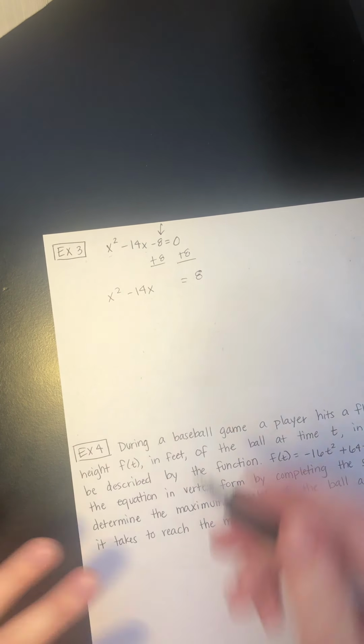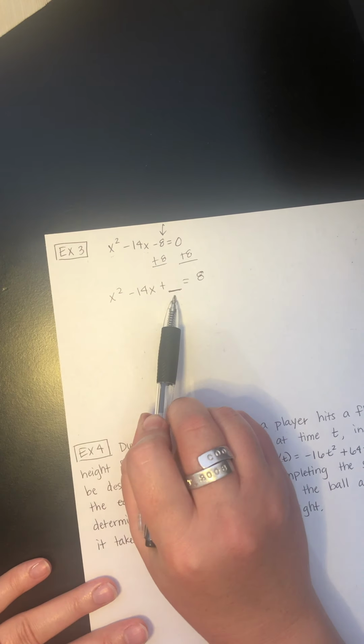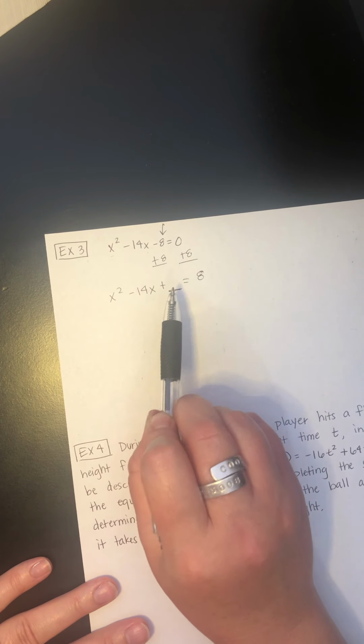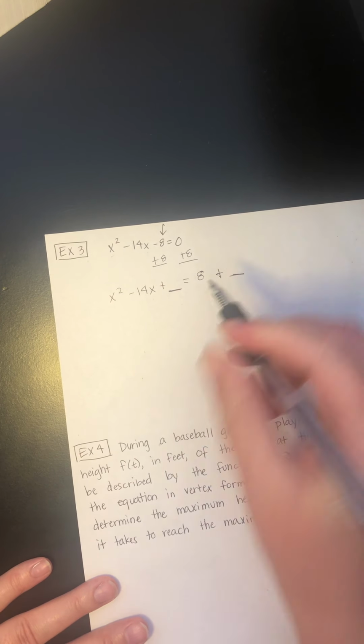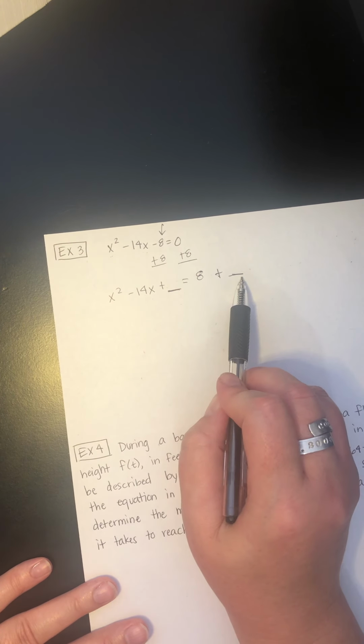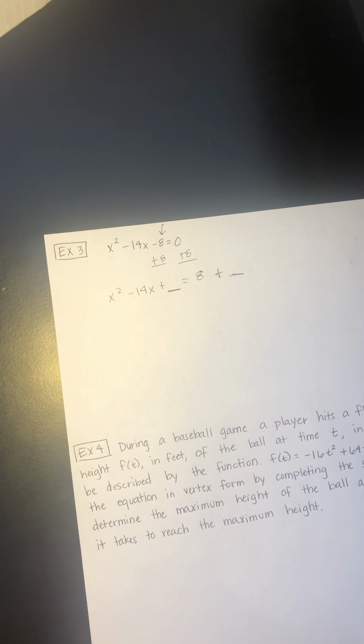Now we need to complete the square. We need to figure out what c is over here. But if we add any number to the left side of the equal sign, we have to add it to the right side. Because if we were to add 3 over here, it would not be equal anymore if we didn't add it to the right side. So whatever you add to the left side, you must add to the right side. Kind of keep everything balanced.